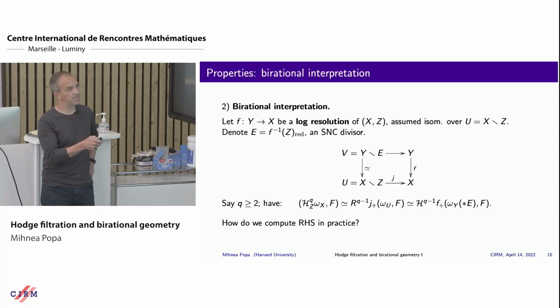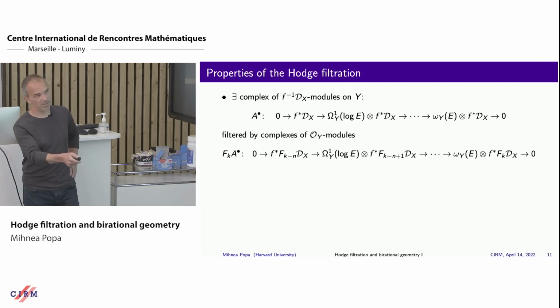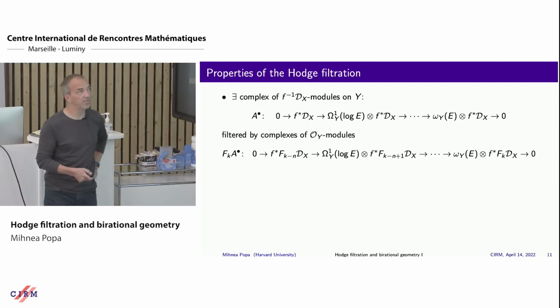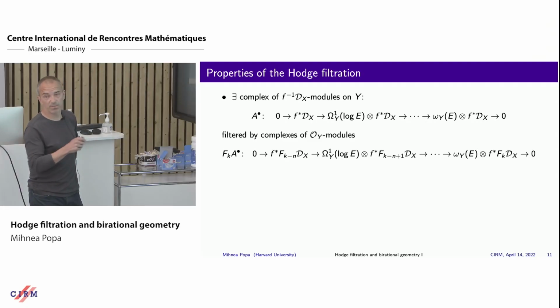Stick with the notation on the board. On the resolution Y, there is some complex A bullet of D_X-modules. If you forget about differential operators, it looks like the de Rham complex with log poles upstairs associated to the simple normal crossing divisor D, and you can tensor with the pullback of differential operators from the base.